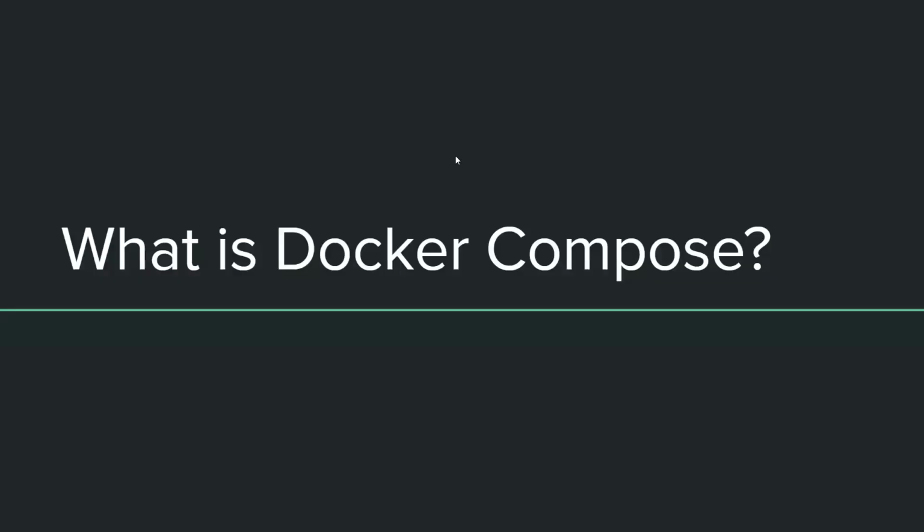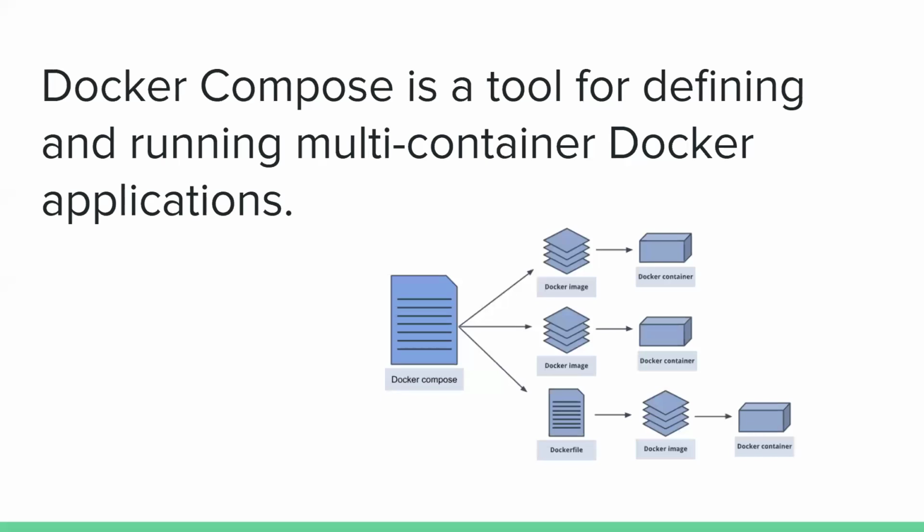Right. So the first question is going to be: what is Docker Compose? Because that is the main part of our session today. Docker Compose is a tool for defining and running multi-container Docker applications. As I told you on day one, when we are making an application, it's not going to be one service.